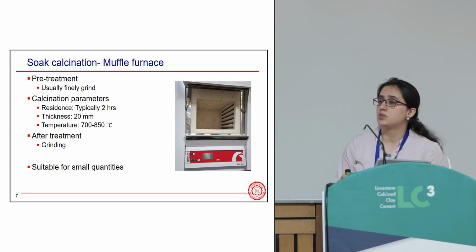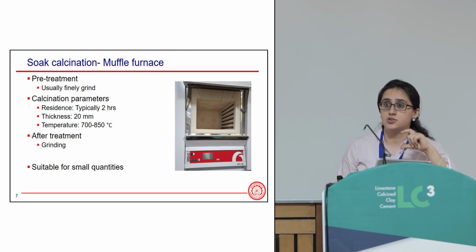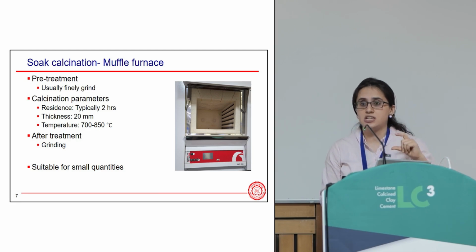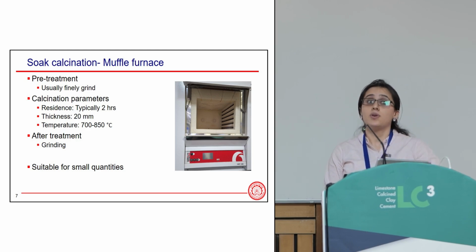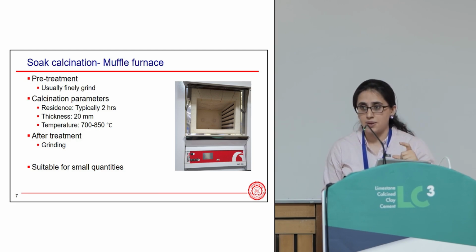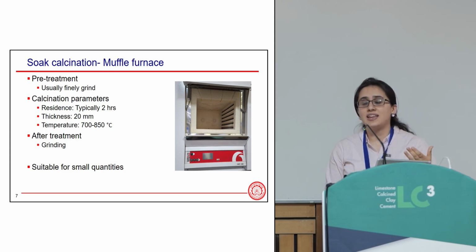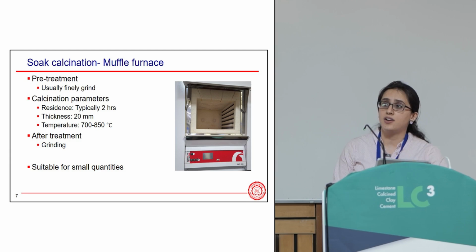The most important thing to be careful about when calcining the clays in the laboratory furnace is the thickness of the material. We have found that we should keep the thickness of the material up to 20 mm. When the thickness is higher than 20 mm, the top layer of the material may be fully calcined, but the bottom layer will not achieve the same temperature, and that clay will be under-calcined.